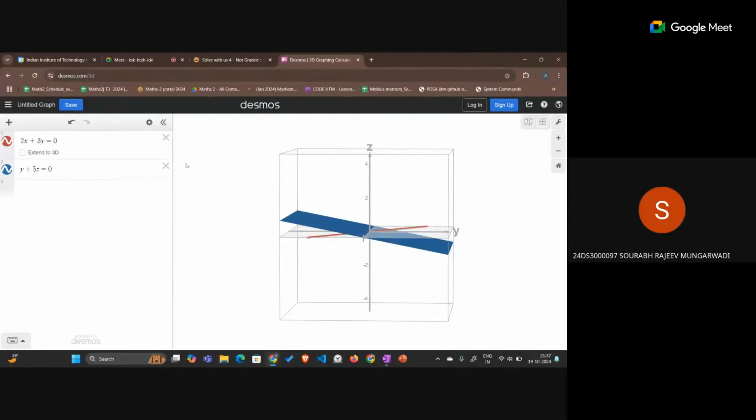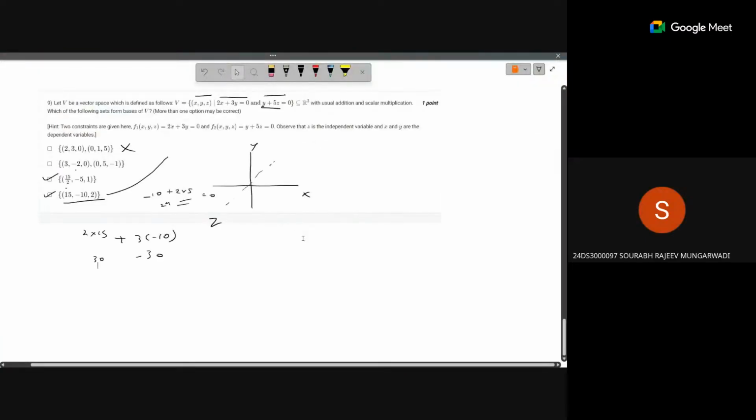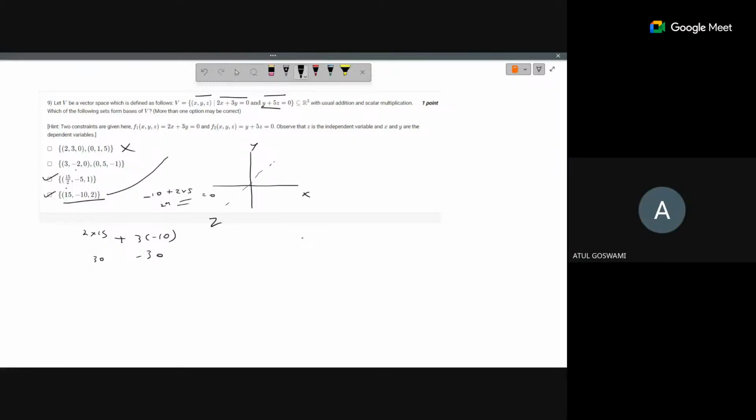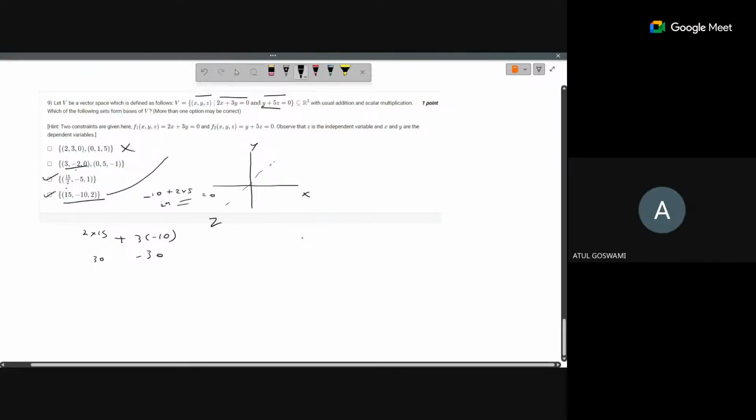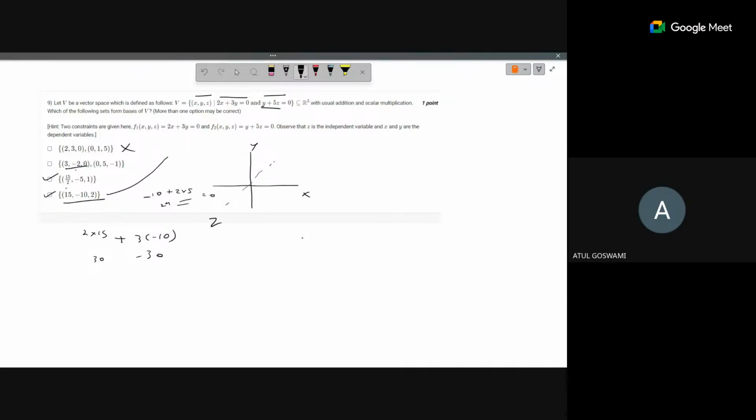Excuse me, sir, I also have a doubt about why the first and second options are not satisfying. It is not satisfying because the points are not in the span. If we take two lines, two lines will span a plane, some plane in R3.